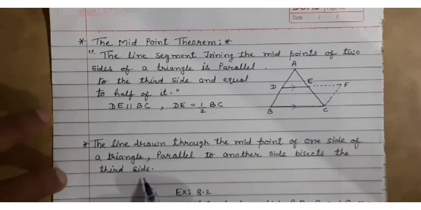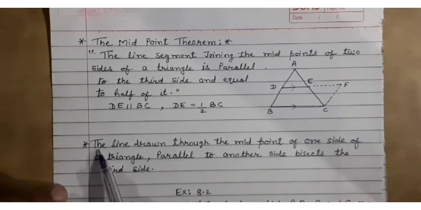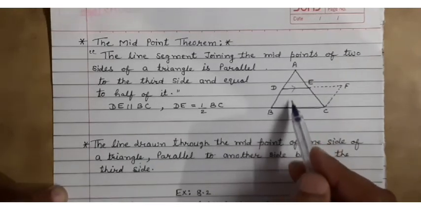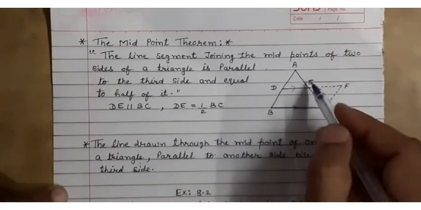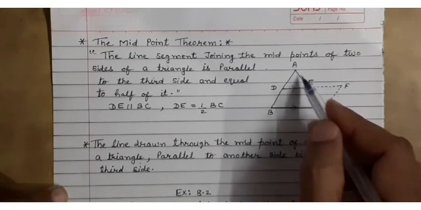And just the next one: the line drawn through the midpoint of one side of a triangle, parallel to another side, bisects the third side. If this is the midpoint and parallel is given to you, definitely it bisects the other side.